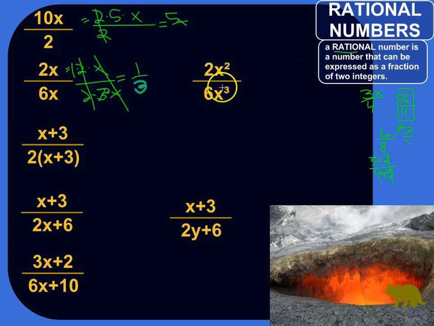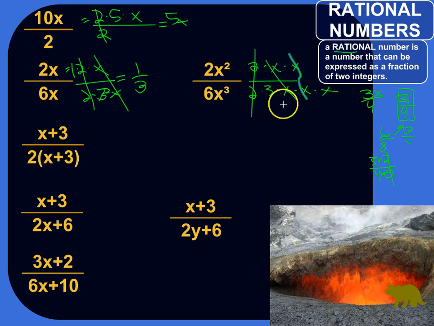So let's keep going. Let's build on that principle. 2x squared we could rewrite as 2 times x times x. 6x cubed we could write as 2 times 3 times x times x times x. The 2's cancel out. 2 pairs of x's cancel out.